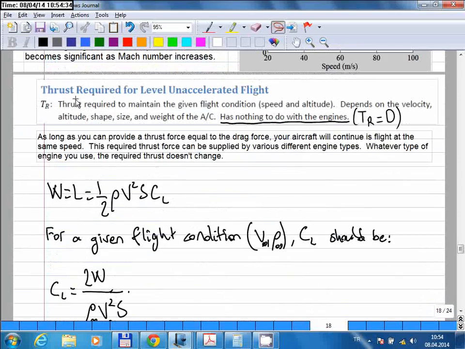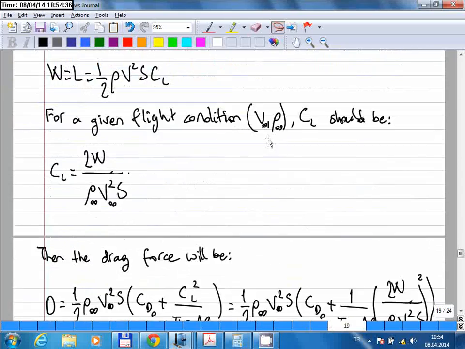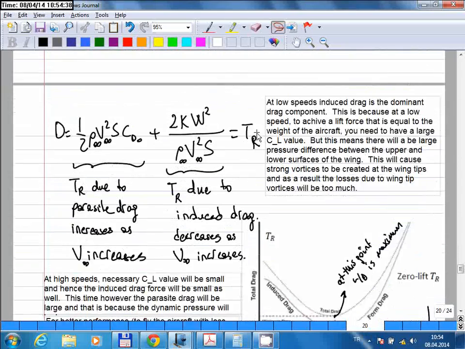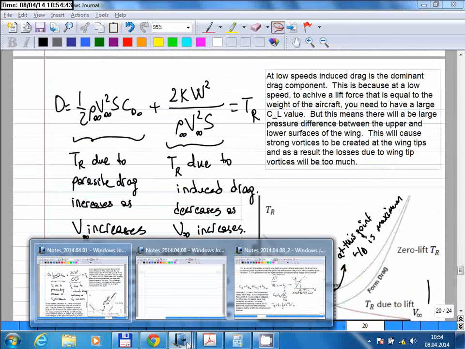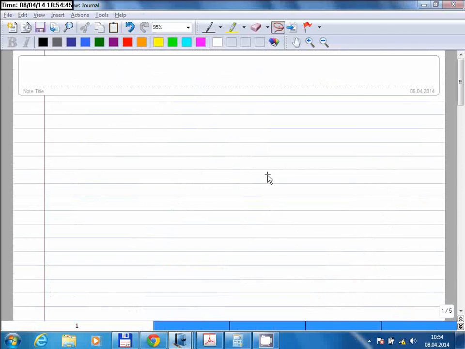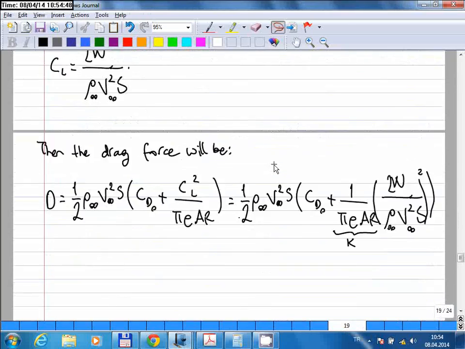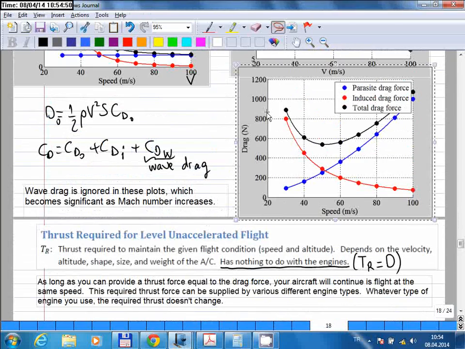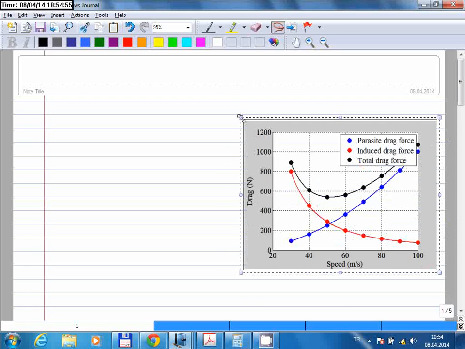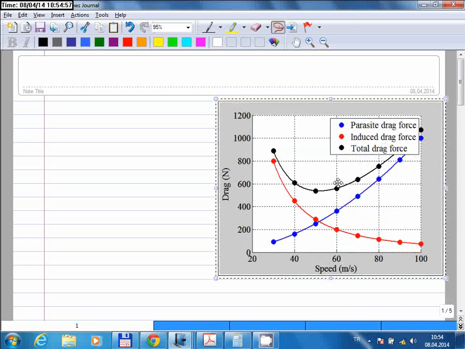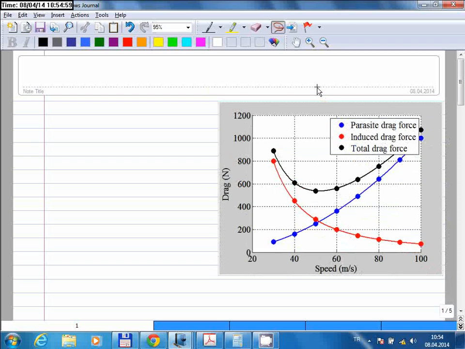Okay, so let's come to the thrust required concept. Let me copy this graph here and put it here. This is a very important graph, and a lot of performance related calculations are made based on it.